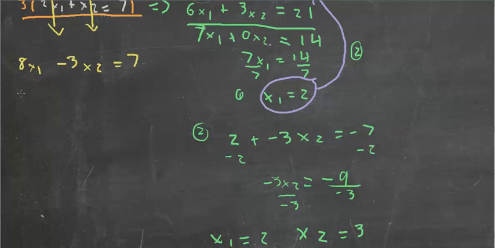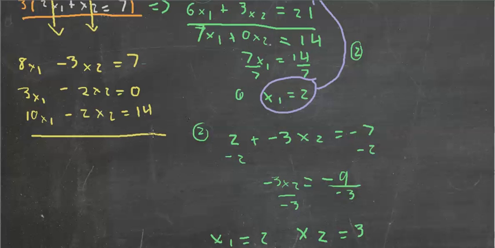So what would I do if I plugged in, let's say, 3x1 minus 2x2 equals 0, and then we get 10x1 minus 2x2 equals 14. Well, in this case, we're basically just going to ignore these values right here. You're still only going to have two solutions because this total value equals 0.